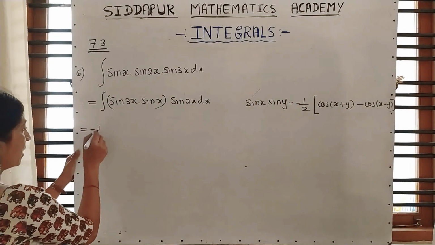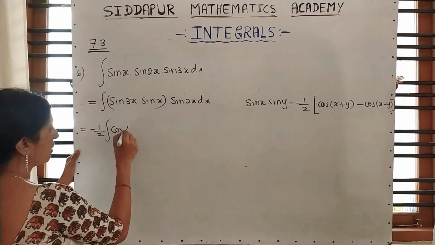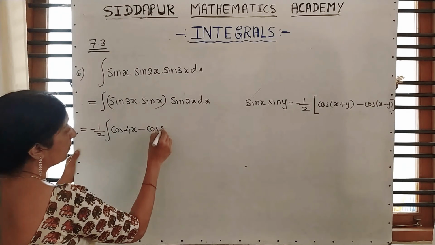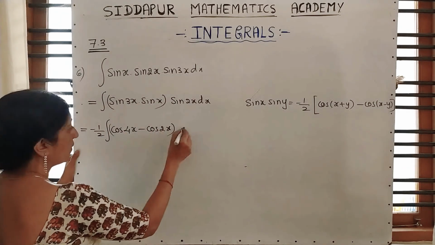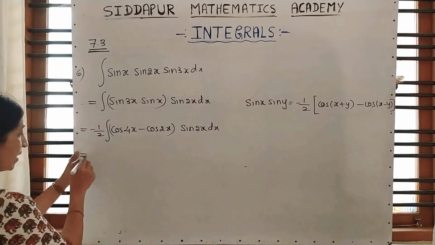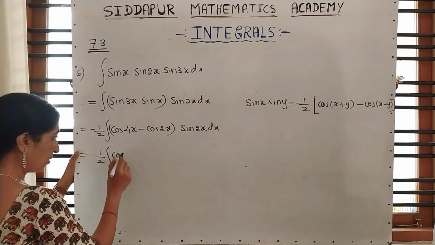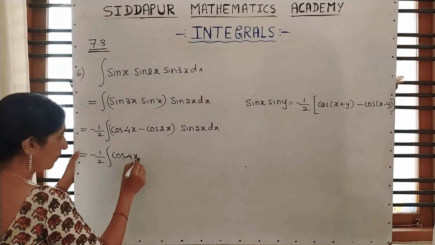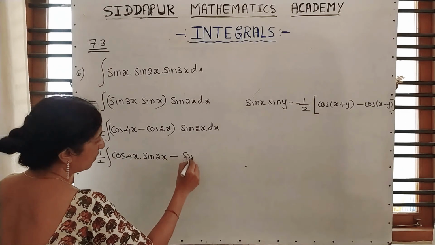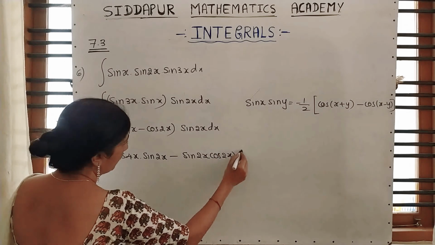So it is minus 1 by 2, cos of x plus y: 3x plus x is 4x, minus cos of 3x minus x is 2x, into sin 2x. So I kept minus 1 by 2 as it is. First I removed the bracket and I wrote cos 4x into sin 2x minus cos 2x into sin 2x.